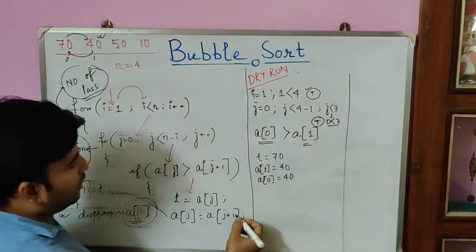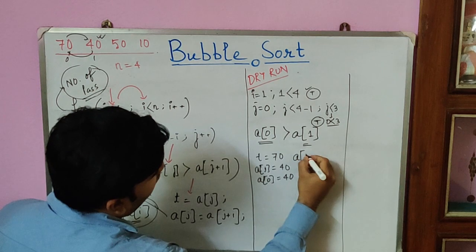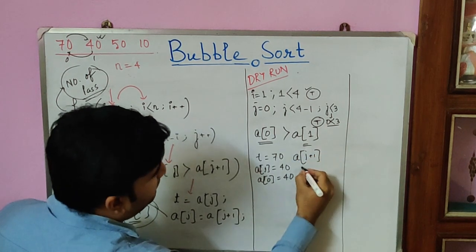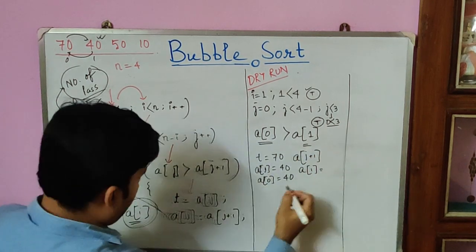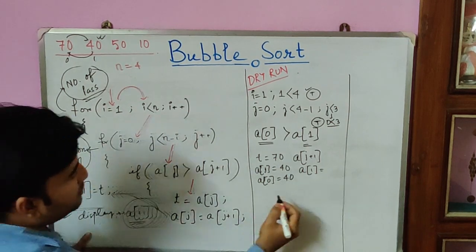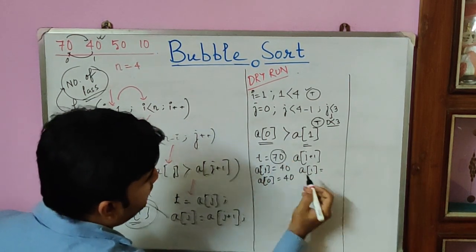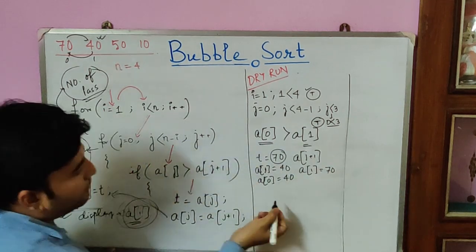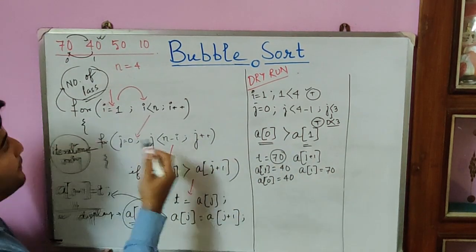Now the next one, a of j plus 1, that means a of 1, equals the temporary variable. What is the temporary variable value? 70. So now we swap those values.